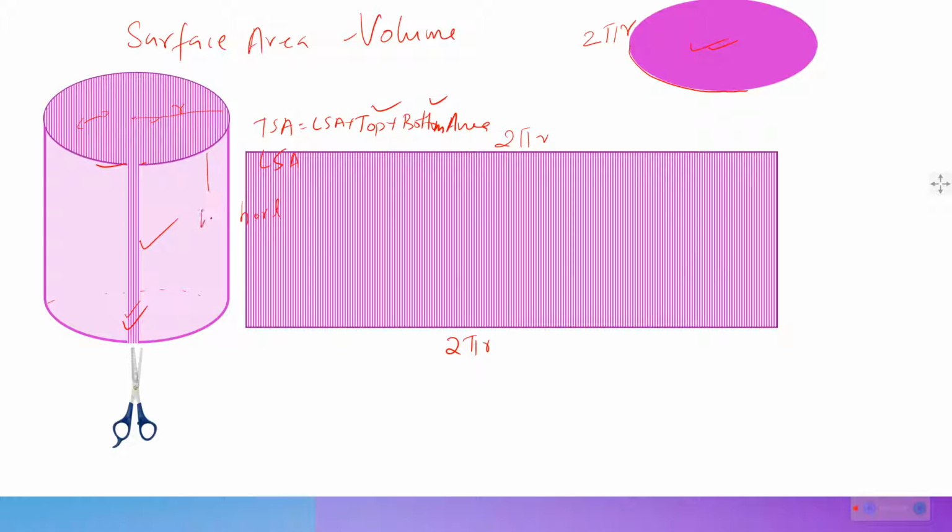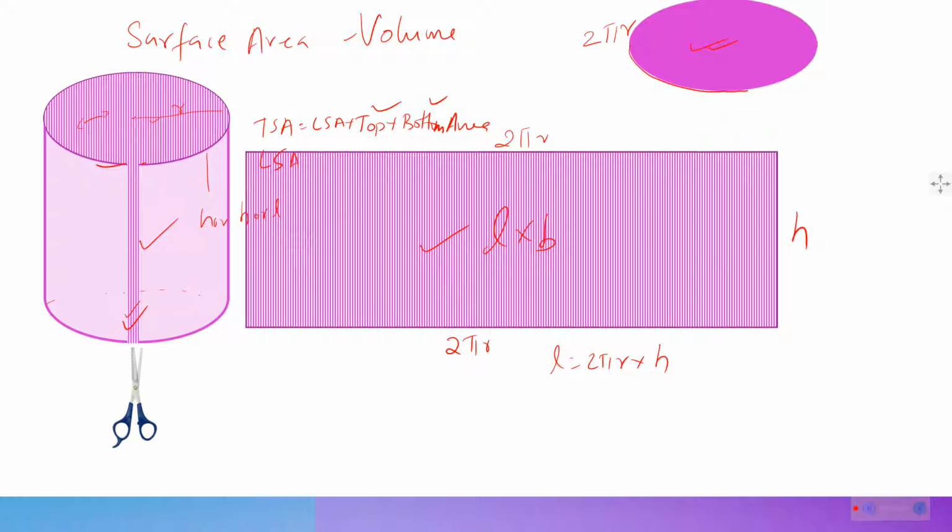And the height, or length which we say, became this. So when I cut it open and keep it like this, it looks like this. I can curl it back and make the cylinder pipe again. If you ask me how to find the area of this figure, it looks like length into breadth, where length is equal to 2 pi r and breadth is equal to h.